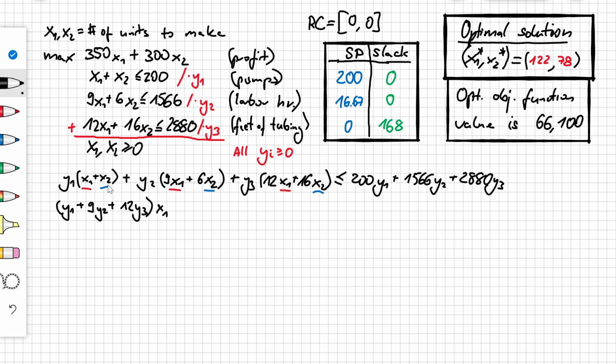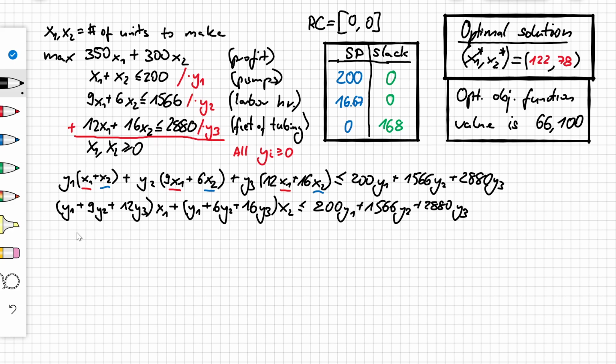For x2, I have 1 times y1, 6 times y2, and 16 times y3, all multiplied by x2. And obviously it is still less than or equal to 200 y1 plus 1566 y2 plus 2880 y3.